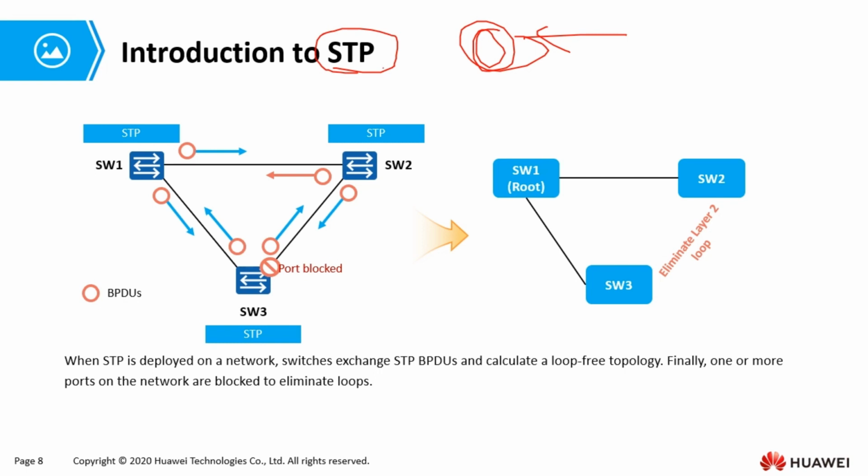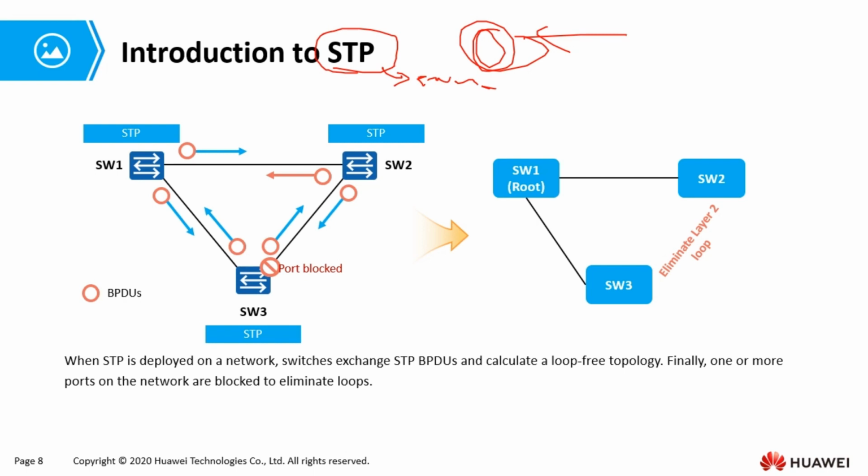That's why we say STP is for prevention, not for stopping. It eliminates loops on the switching network. If the loop has happened, the only way is to unplug the cable. So normally we have to prevent it and enable STP before the broadcast storm happens in your network.